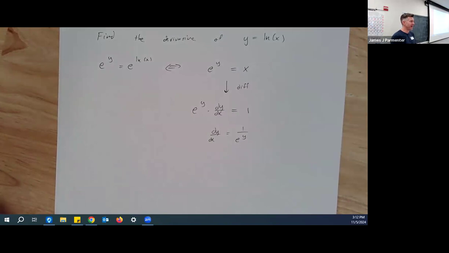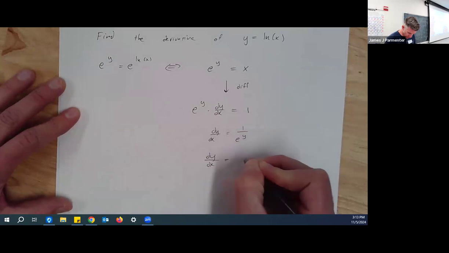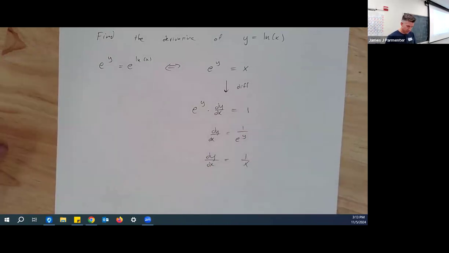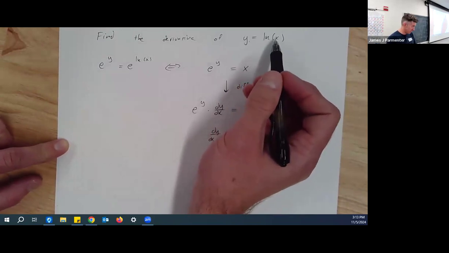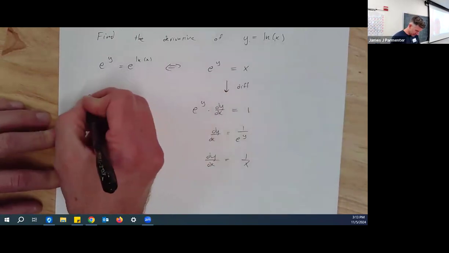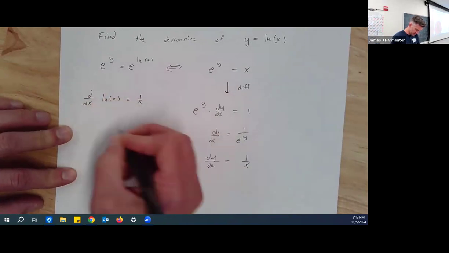Luckily, I know what e to the y is equal to. It's literally written on the paper. What's e to the y equal to? x. So we can say, great, dy/dx is equal to 1 over x. But y was equal to the natural log of x, so we're actually saying that the derivative of the natural log of x is in fact equal to 1 over x.